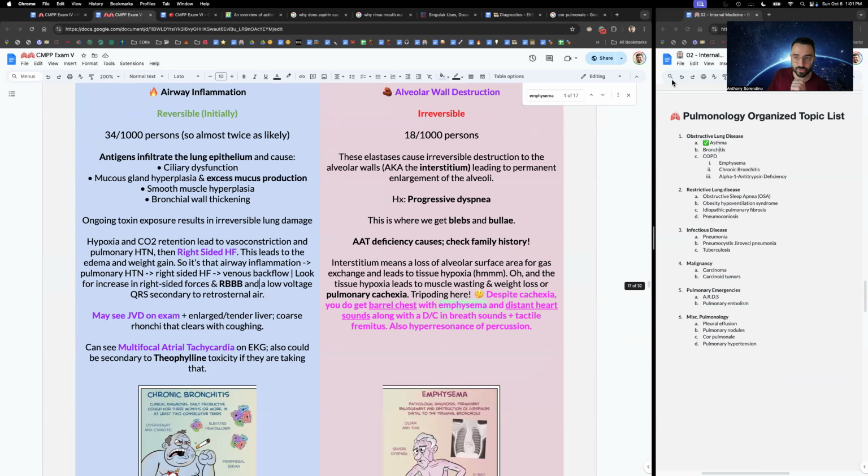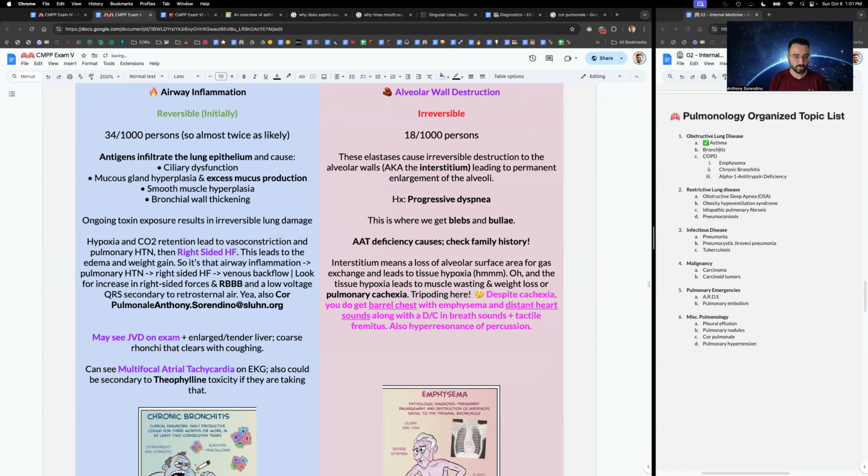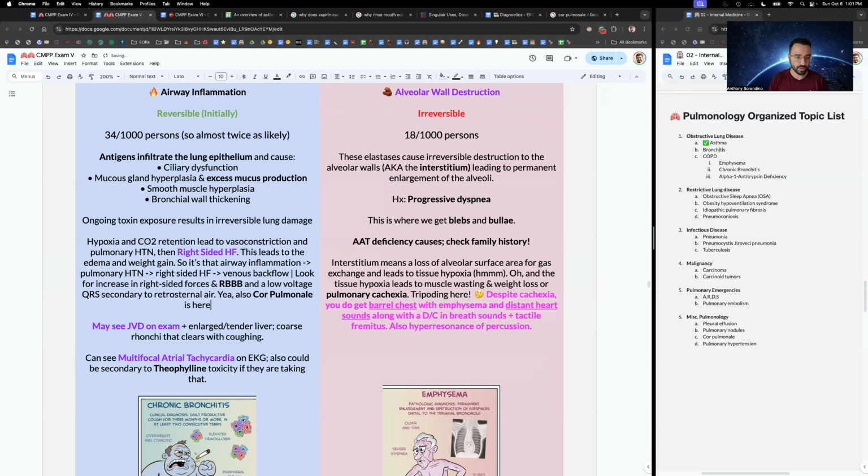Hypoxia and CO2 retention lead to vasoconstriction and pulmonary hypertension, then right-sided heart failure. This leads to edema and weight gain. Whoops, cor pulmonale is here.